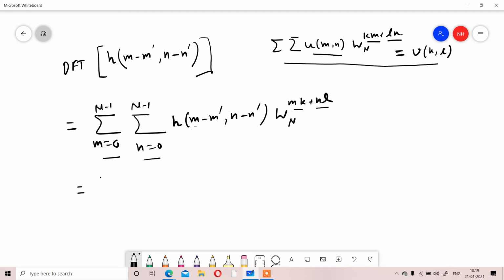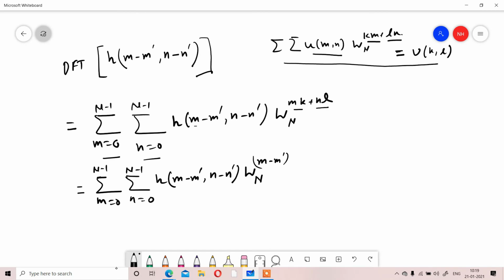So what we are doing: m equal to 0 to N-1, n equal to 0 to N-1, h(m-m', n-n'), W_N^((m-m')k + (n-n')l). If we can write the expression like that, that means from here you can write simply that this is the DFT expression.